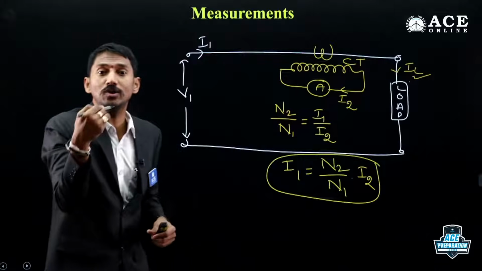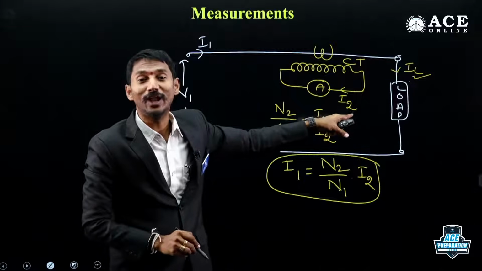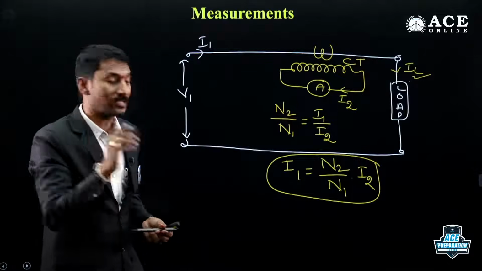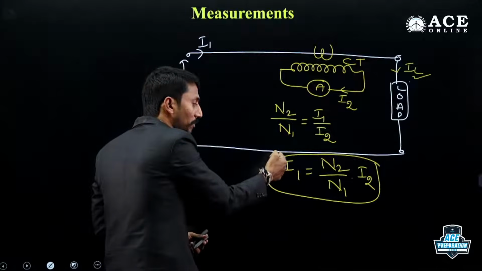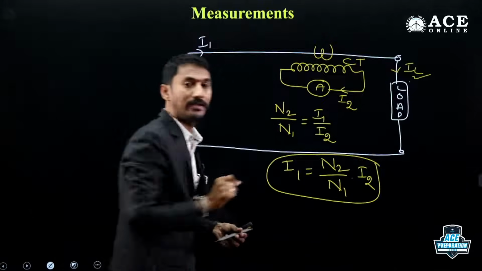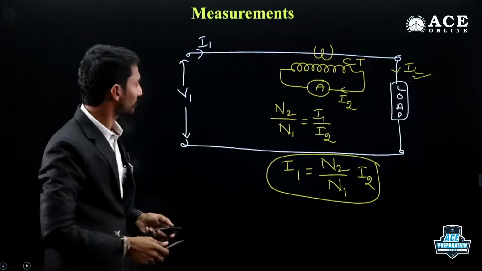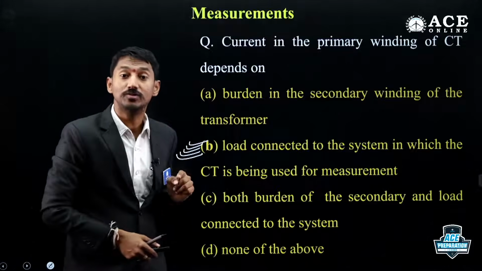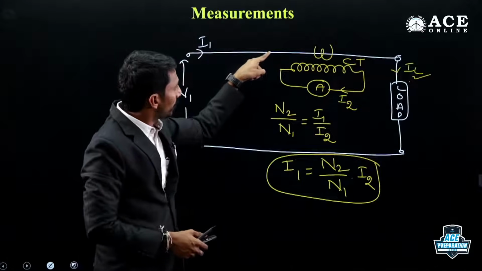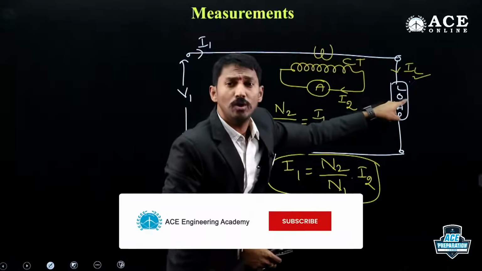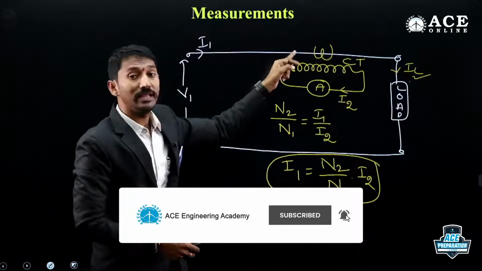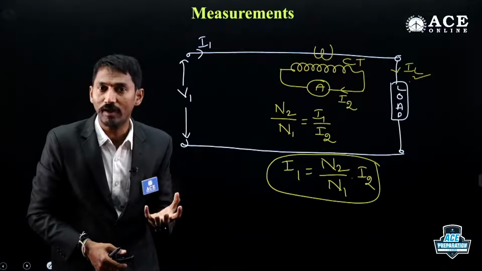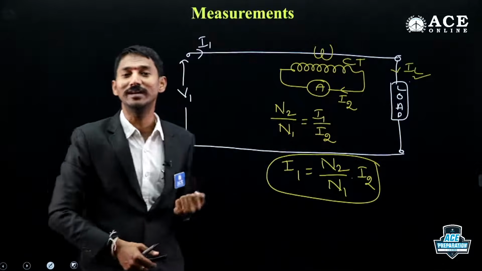But how much value it is, that we calculate with the help of I2. That's why try to understand the question. He is not asking how the current in the primary winding of CT is calculated. Here, current in the primary winding of CT depends on which one? Load current. That's why the primary winding current will be decided by the load. Whatever load value is required, that only flows through the CT primary.